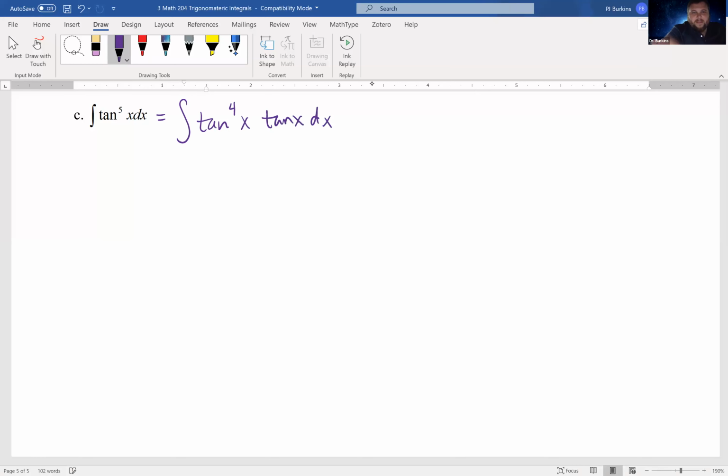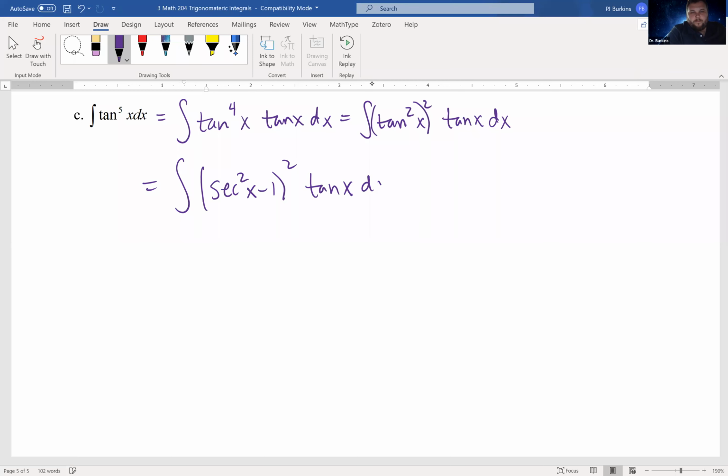And the reason for that is that that tan to the fourth is really the same thing as tan squared, squared, which means I can use the Pythagorean identity and replace it.